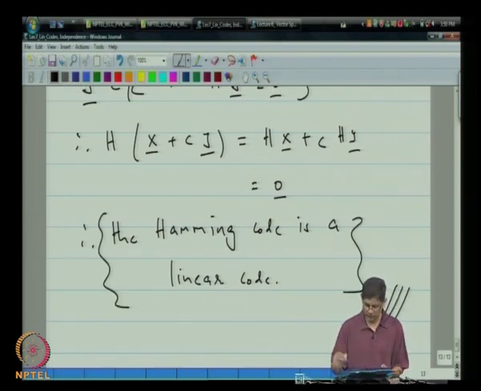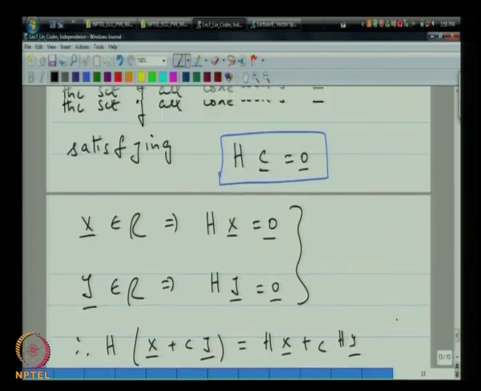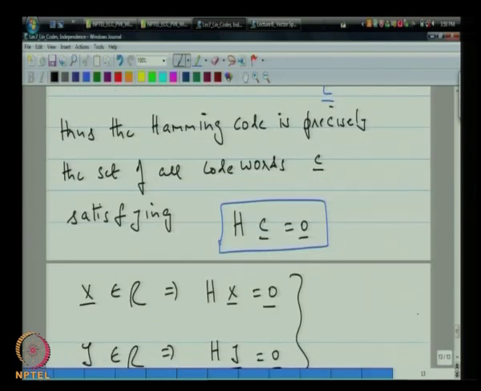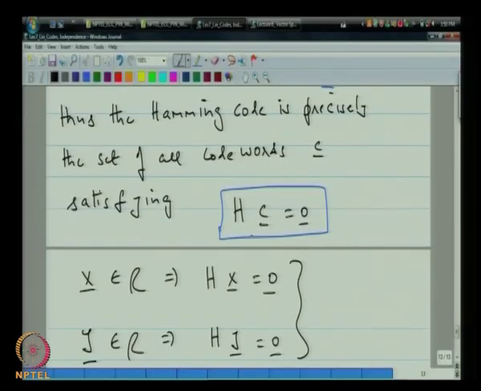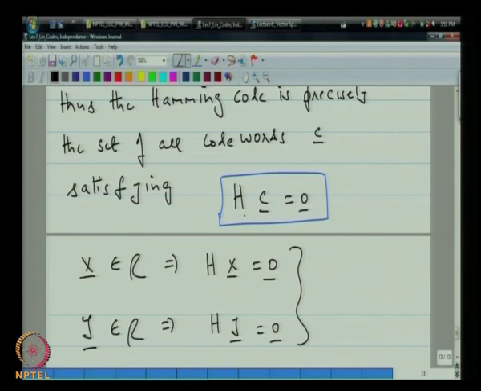Just a quick remark here: any code which is defined through a matrix H, as the set of all vectors such that the matrix times the vector is 0, is the null space of the matrix. It follows from what we have just discussed that the null space is always a subspace and therefore defines a linear code.